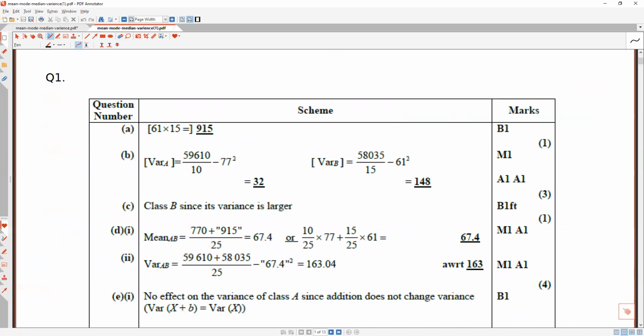Oh, we learned that also for standard deviation, remember? Addition or subtraction, standard deviation doesn't change. Yes, this is that. Okay, Aisha, Mansha, clear? Okay, then part E.